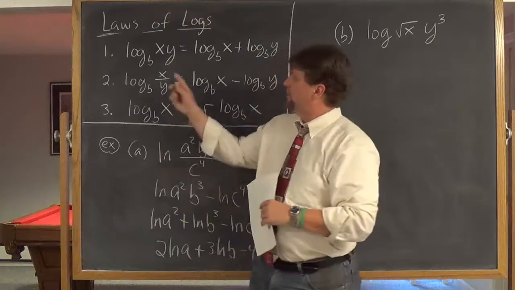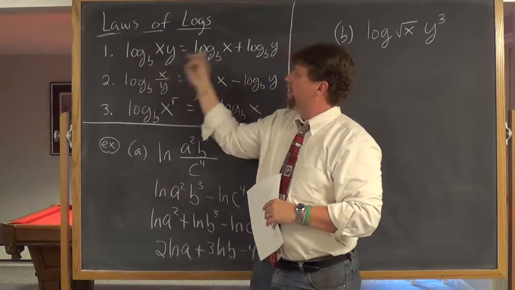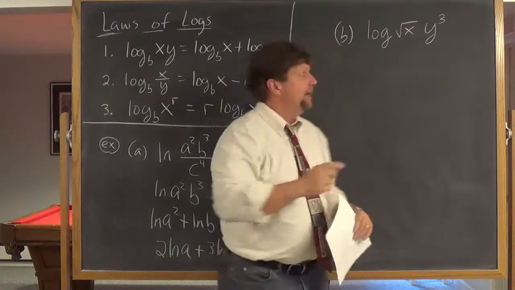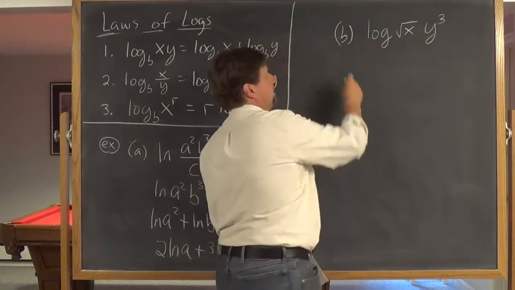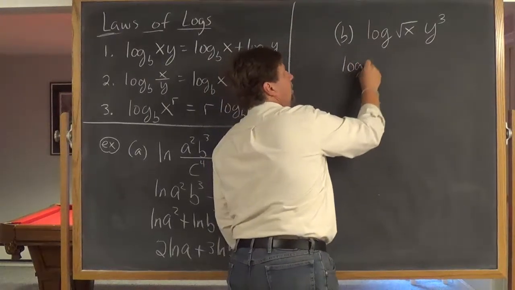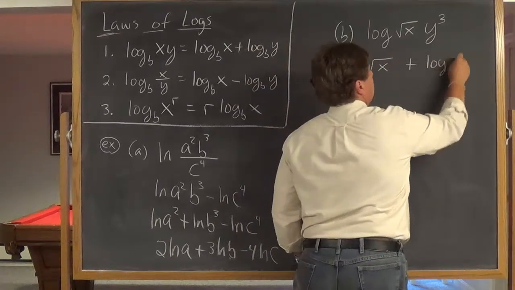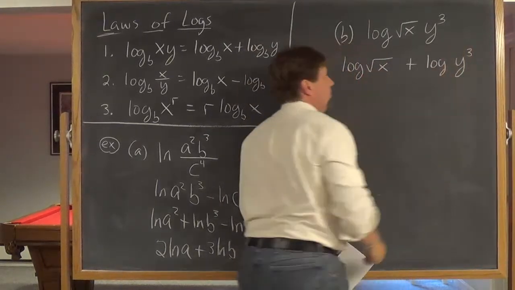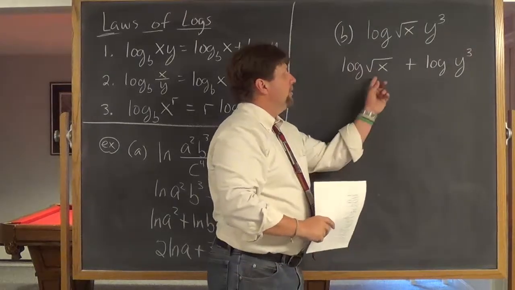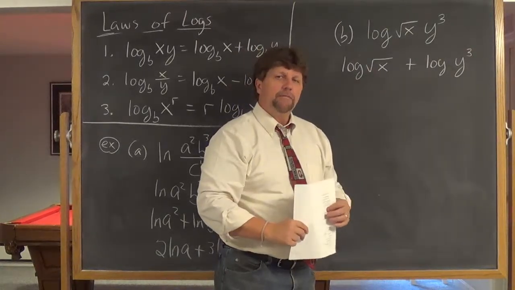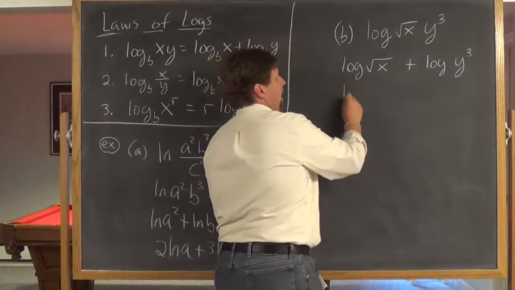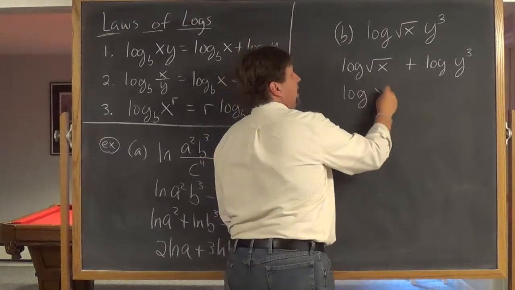So thanks to property number 1, the log of a product can be rewritten as a sum. I can rewrite this as log square root x plus log y cubed. Now folks, remember square root x can be rewritten as x to the 1/2 power.